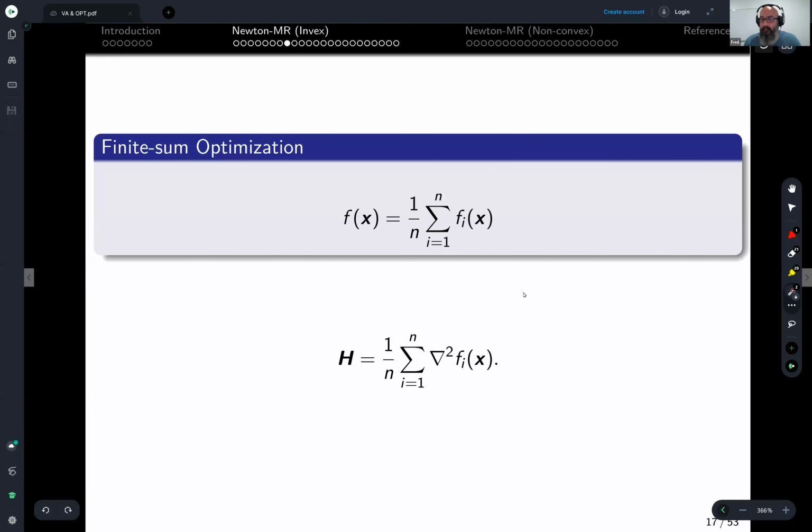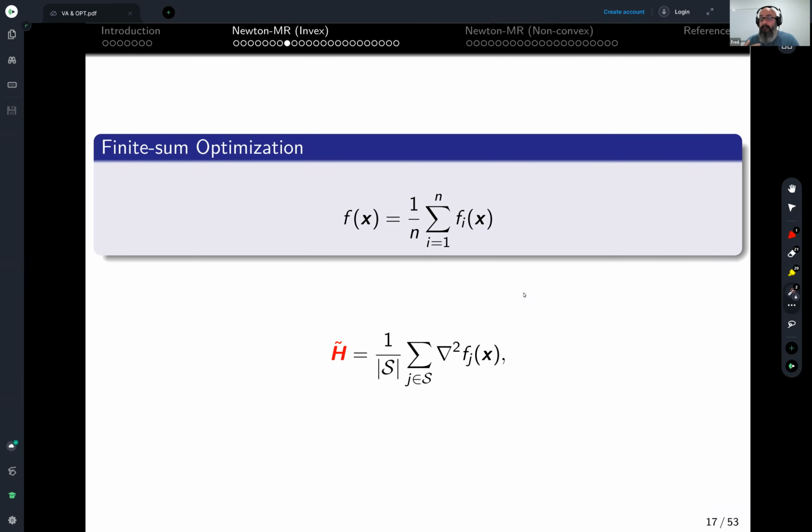A thing that we have been doing quite successfully in the machine learning community and in optimization over the last few years is replacing the true Hessian, which is the average of the exact Hessians, with the empirical average of it by forming some kind of random subsampling.